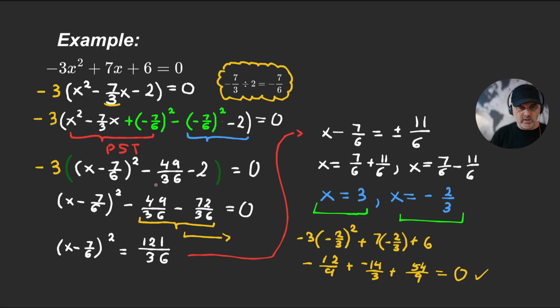So when you combine those two terms together, you need a common denominator. So 36 is the common denominator. When you add those two numbers, you get 121 over 36 with a negative sign. When you move this over to the opposite side, you get positive 121 over 36. So this is the step where you want to eliminate the exponent by square rooting both sides, right?